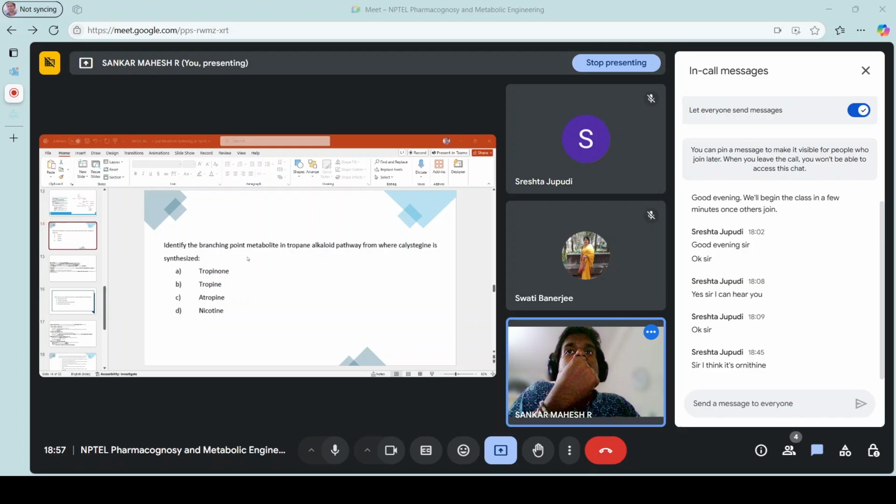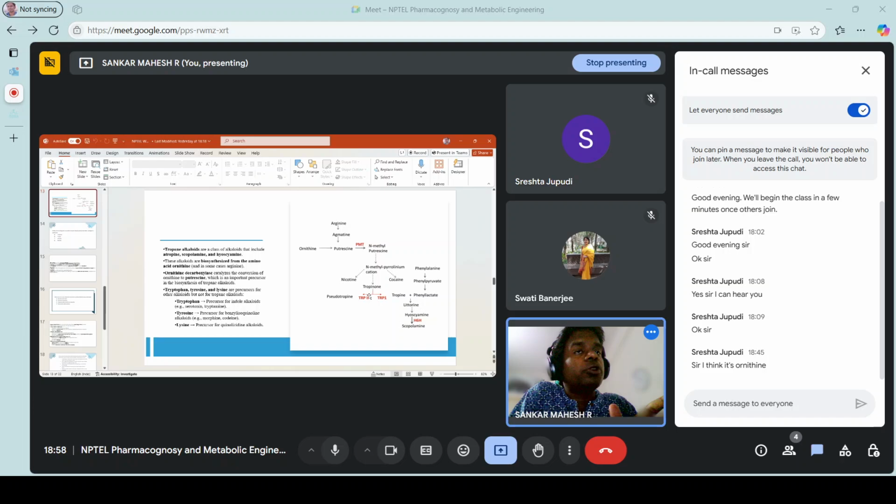If we look at the other options, tropine is derived from tropinone. It's a part of the scopolamine pathway. So once tropinone gets committed towards tropine, it cannot go back to produce calystegines. It's the case with atropine as well. Nicotine here is an unrelated option.